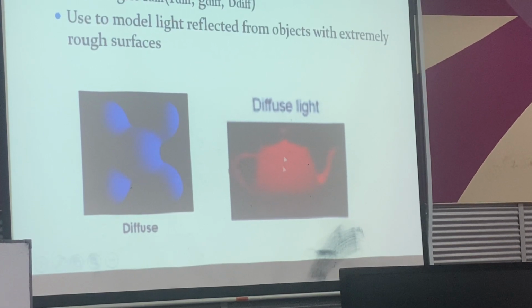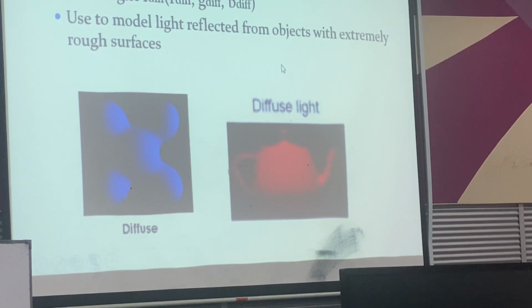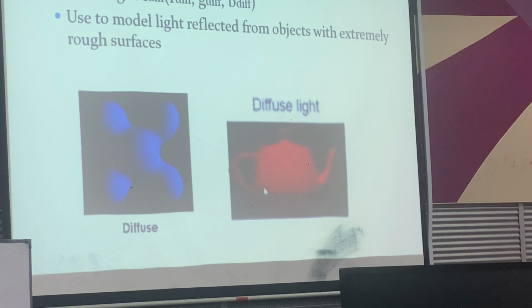And on your teapot, you see the bottom looks darker and up here looks brighter, so your diffuse light is from the top. Here looks dark, here looks bright. This is how the diffuse lights are implemented.